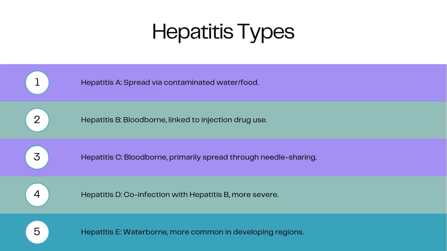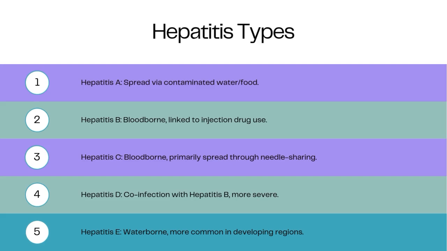This form of hepatitis is more severe than hepatitis B alone and can lead to a faster progression of liver disease. Hepatitis E is a strain that's typically spread through contaminated water, similar to hepatitis A. Hepatitis E is more common in parts of the world with inadequate water sanitation, such as areas in Asia, Africa, and Central America.